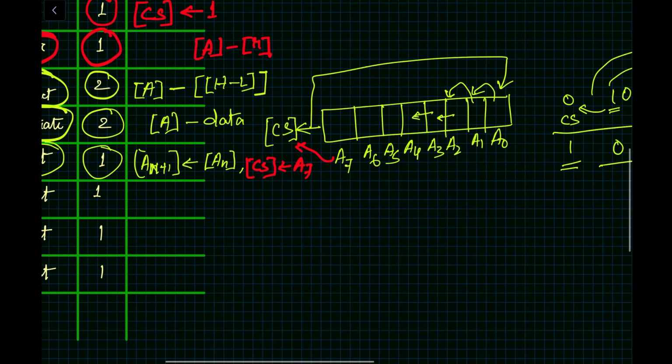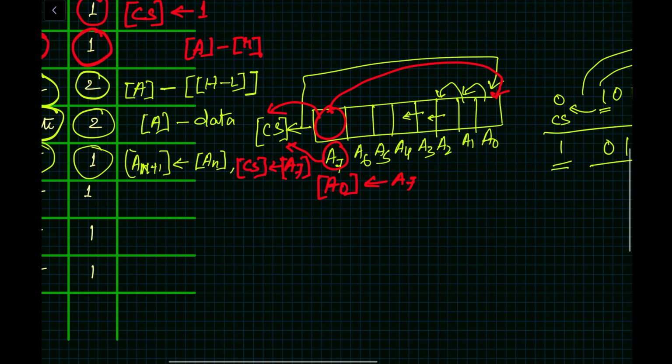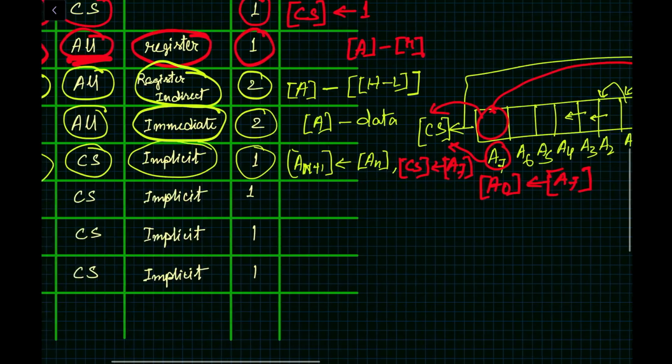A7 content will be stored in the carry status, as well as it will come to the A0 bit. So A0 will be rewritten with A7, and A7 will be written into the carry status flag also. So this is the operation.